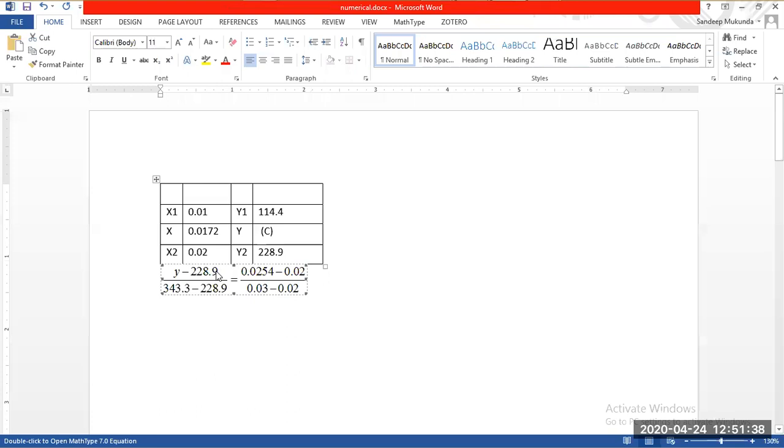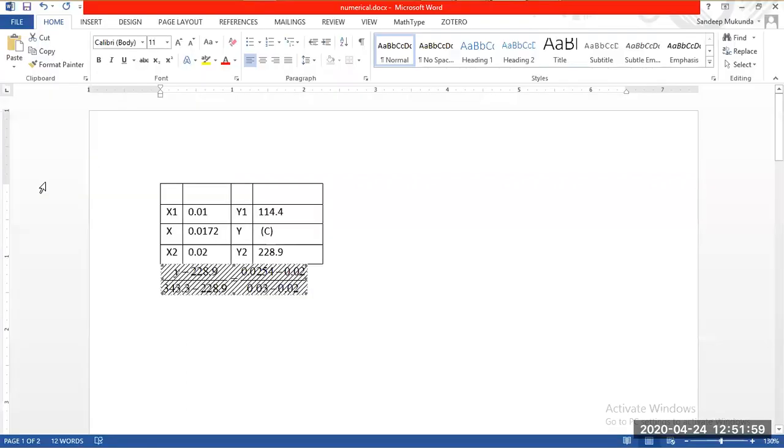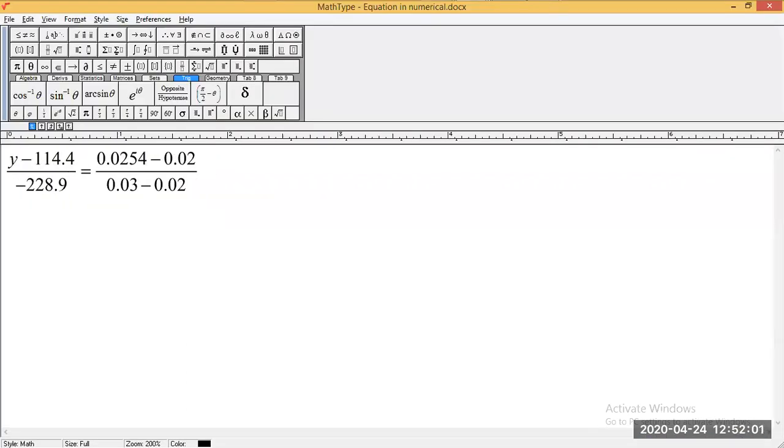Right, so now we interpolate to know how much we get. So this value is 114.4. This is 228.9.